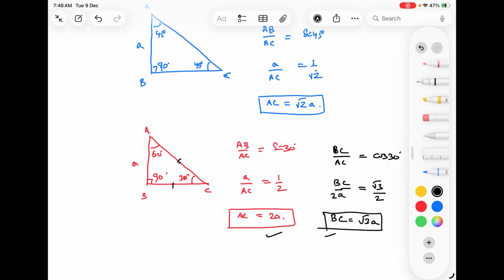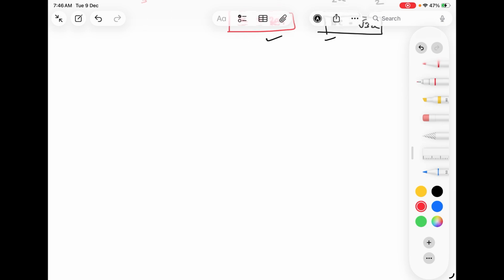Let us do a few questions in this. Question number 1. We are given a square ABCD, and we have an equilateral triangle BCE.